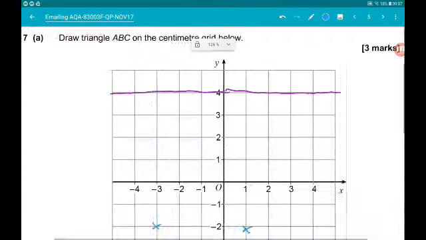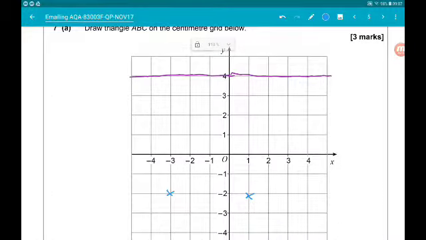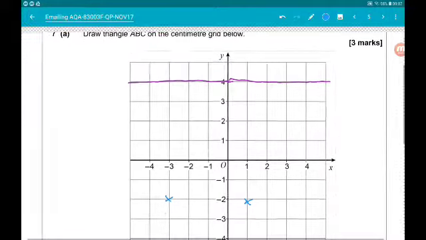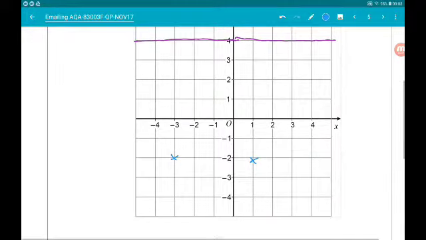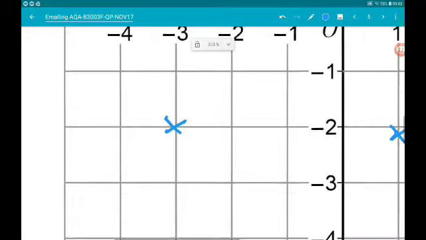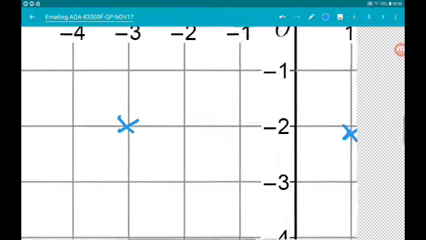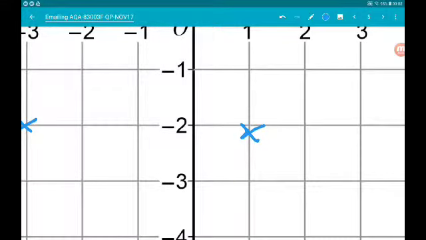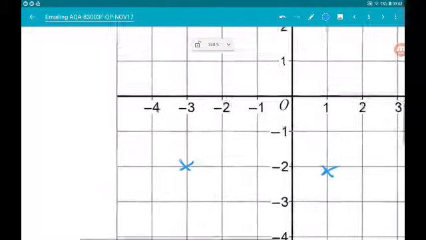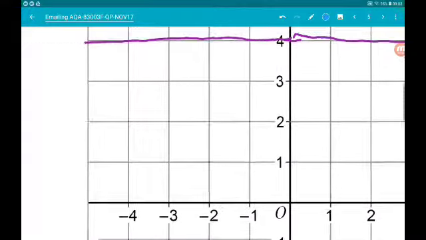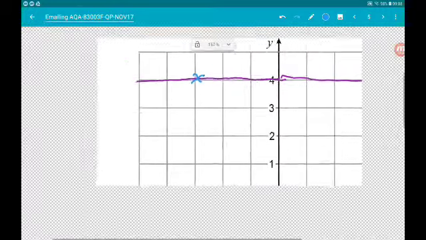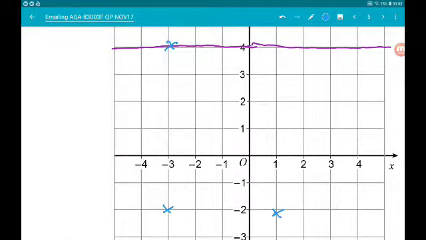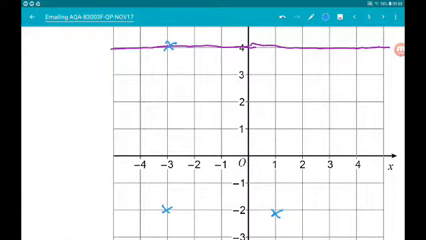We know that point C lies on that line. We also know this triangle is a right-angled triangle, so point C either has to be directly above point A or directly above point B. I'm going to put it directly above point A. So there are our 3 points. Now in the real thing, use a ruler to join these up.